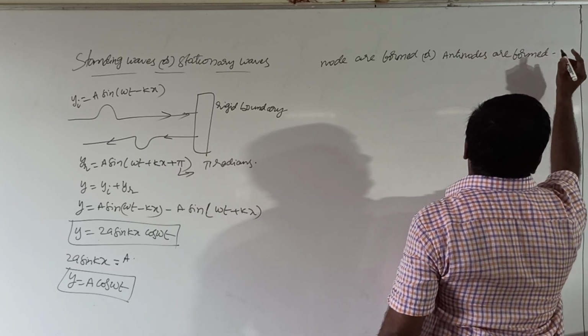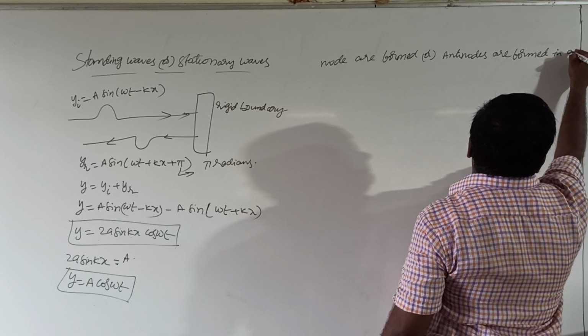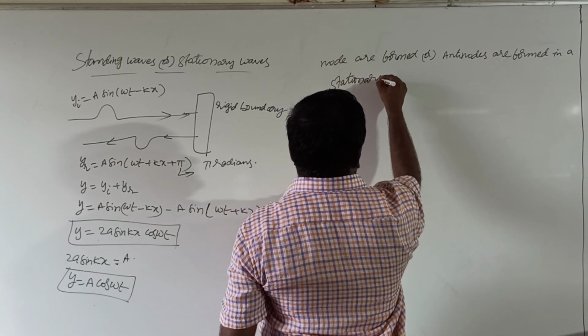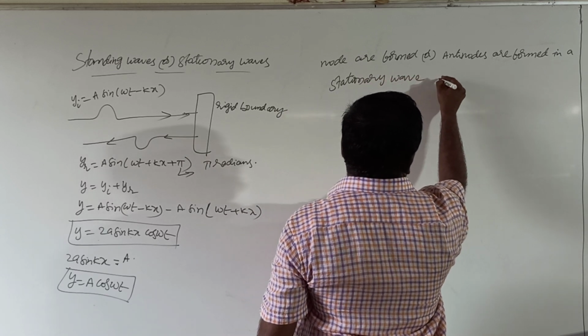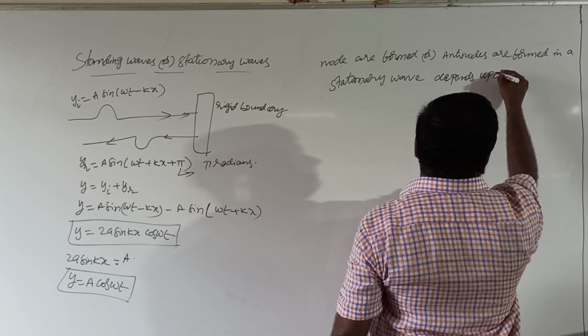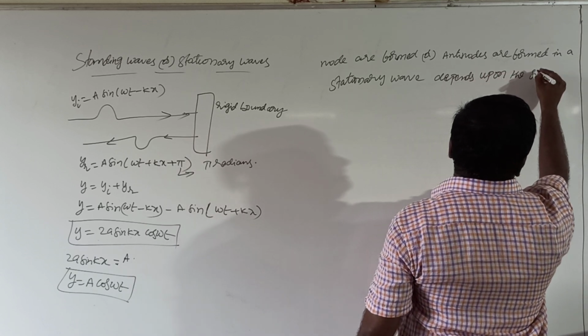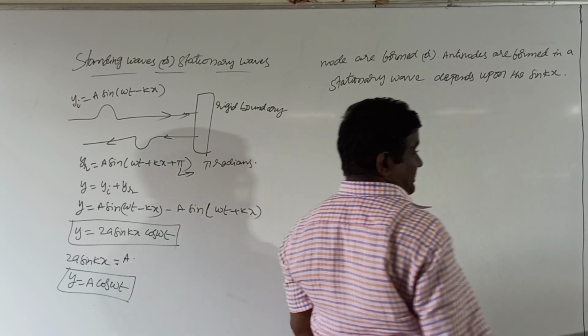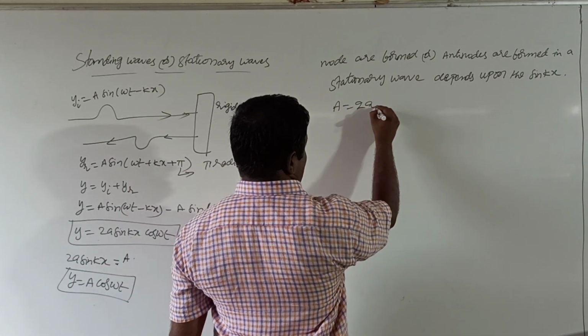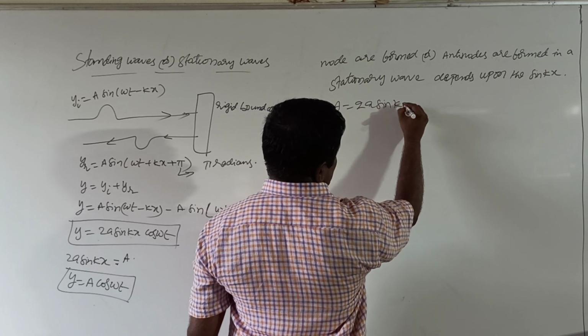In a stationary wave, it depends upon sin kx. Then A equal to 2a sin kx.